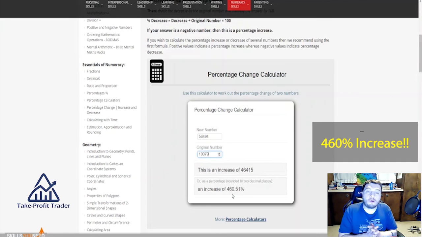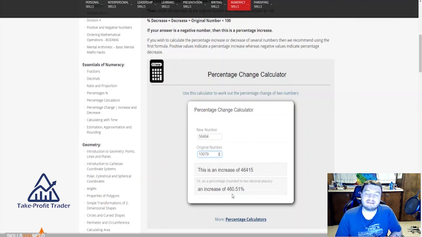That's an increase of 460%. So Bitcoin is actually compounding its value. In one year, it's gone up 460%. And that is why cash is trash.